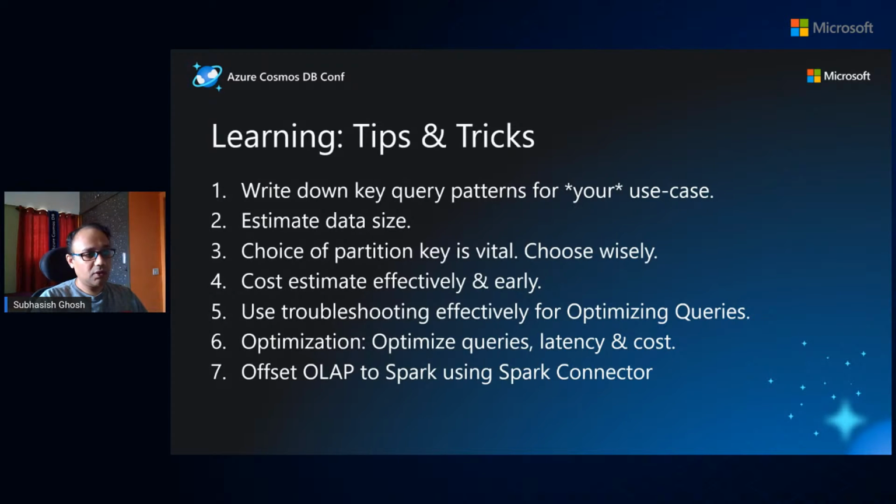And if there are large-volume OLAP workloads, it's always good to offload that to Spark using the Spark connector and process it there. That's something you should be aware of and take away from here.